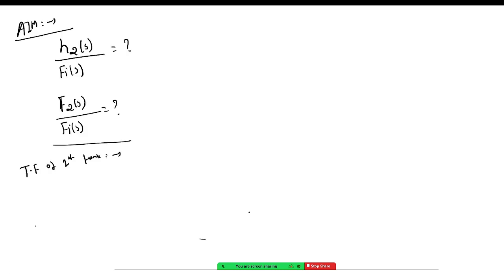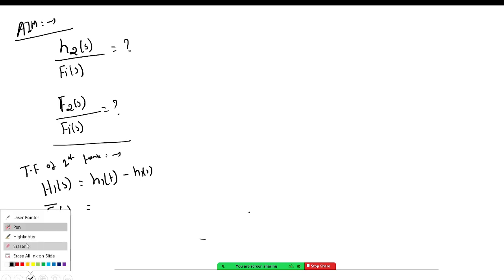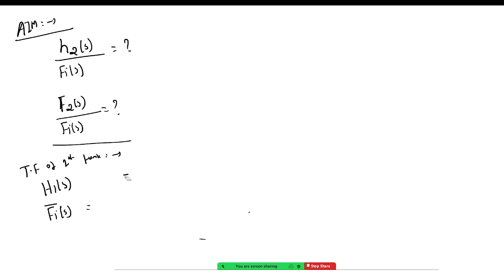So I'll be using all these things over here. I will be directly using this in terms of deviation variables. Don't bother about that, right?